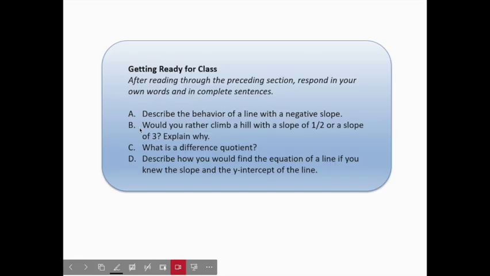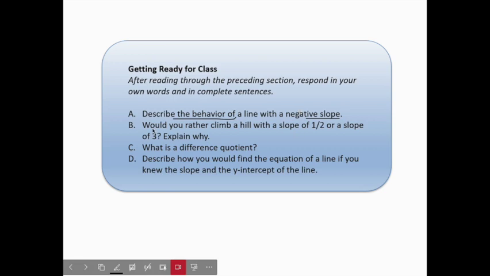Now, to sum up the things that you should be able to do when you work on your homework, these are the big points. Describe the behavior of a line with a negative slope. You should be able to describe the behavior of a line with a negative slope. You also want to do that with a positive slope and then your special cases of undefined or a 0 slope.